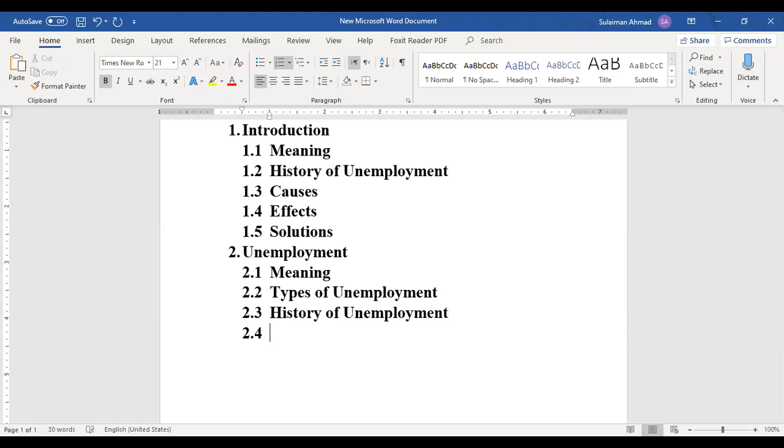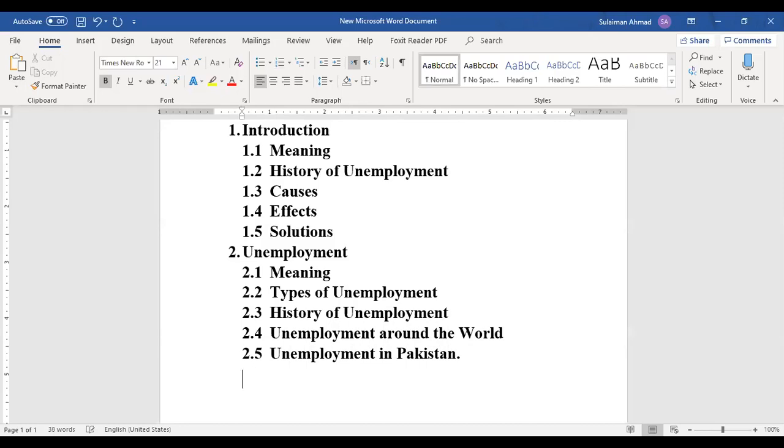Clear? Unemployment around the world. Unemployment in Pakistan. So this is our body paragraph number 1.